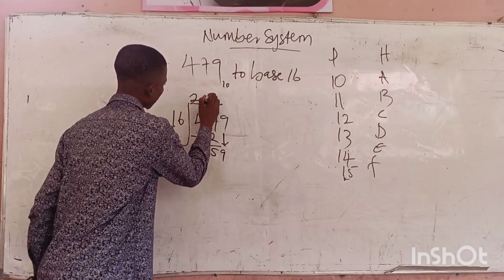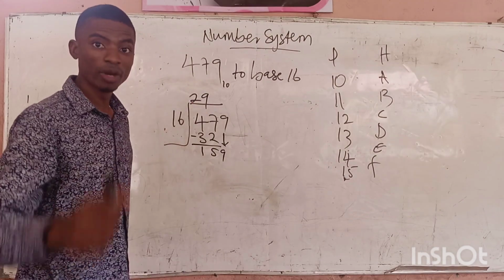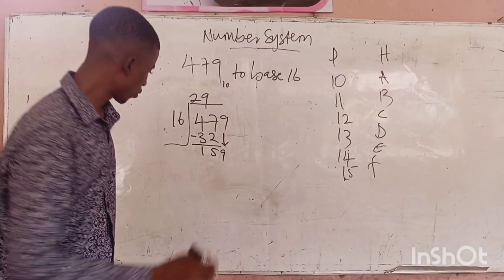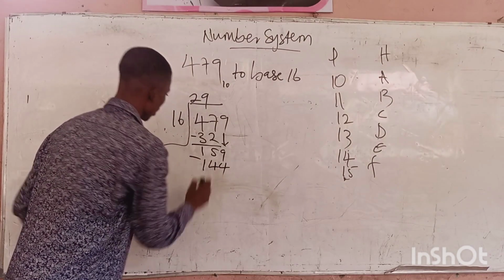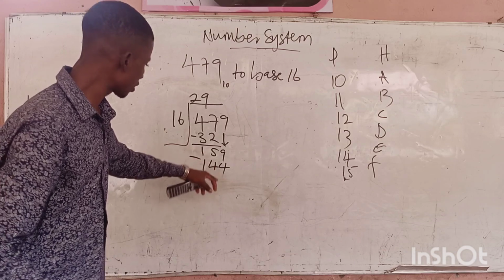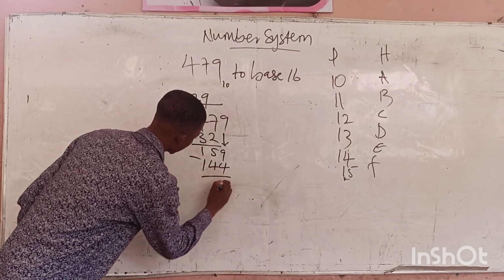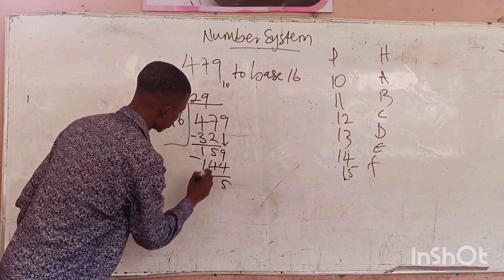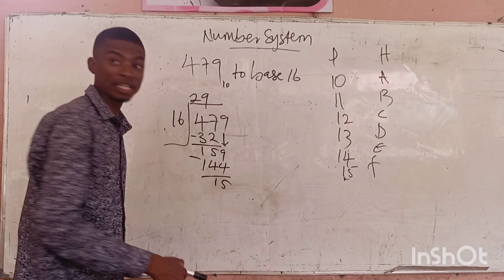So we now have 9 here. And 16 times 9 will give us 144. 159 minus 144: 9 minus 4 is 5, 5 minus 4 is 1, and 1 minus 1 is 0.